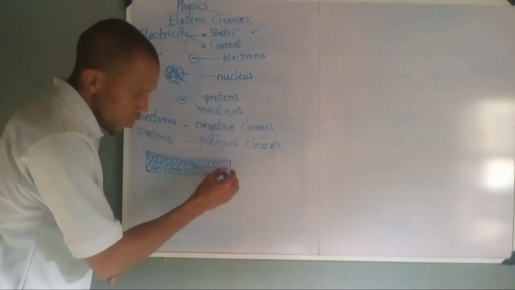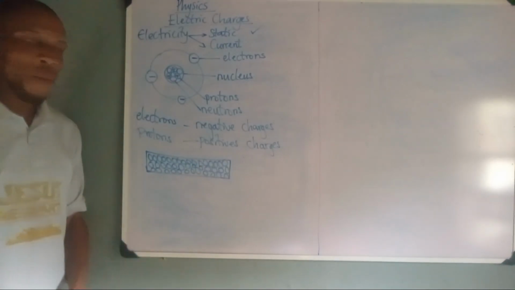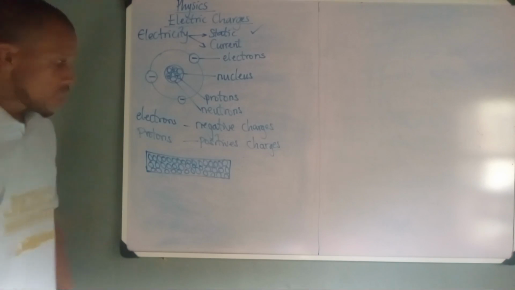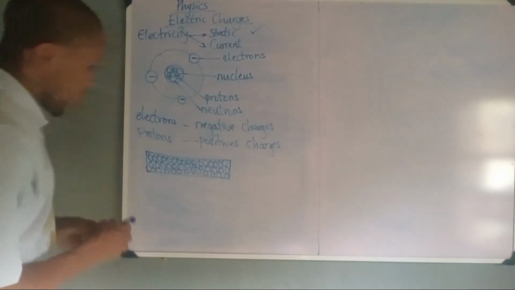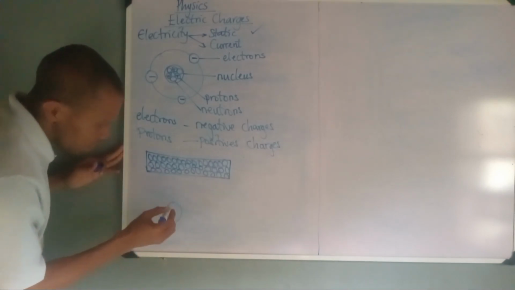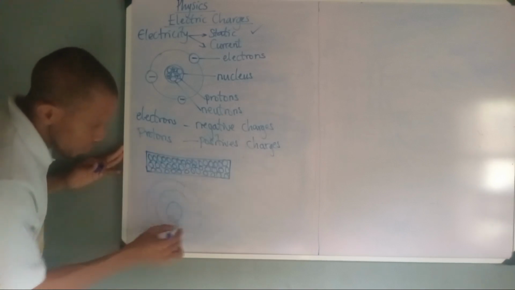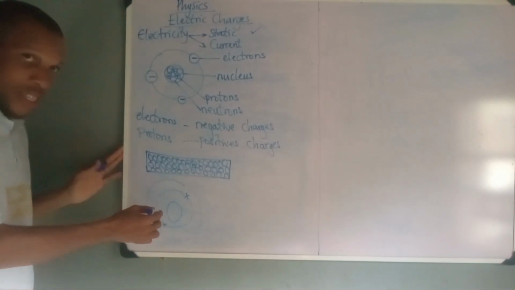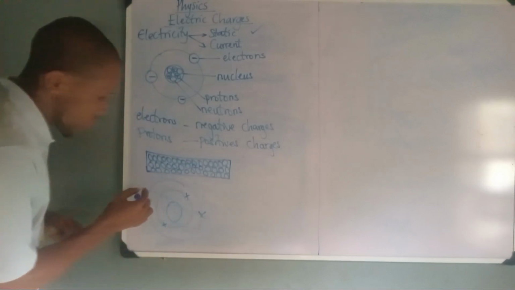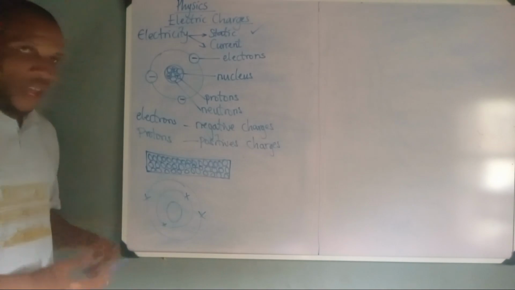Okay, so now this substance or this metallic bar, for instance, is made up of atoms. Now, these atoms, don't forget, they have a nucleus and they have electrons around them. Now, these electrons move around in shells, not exactly like this, but for this illustration we'll be using this diagram.